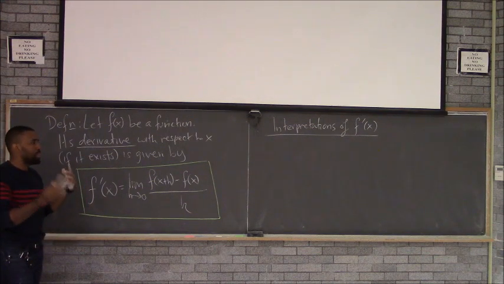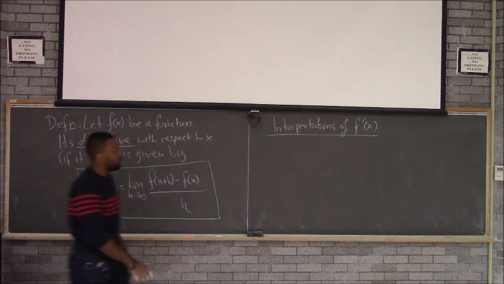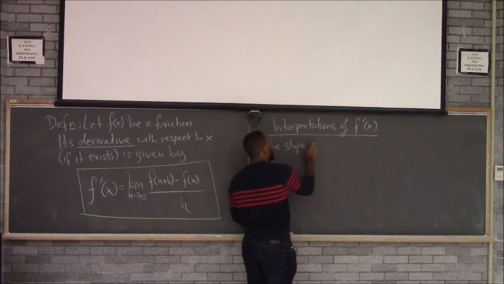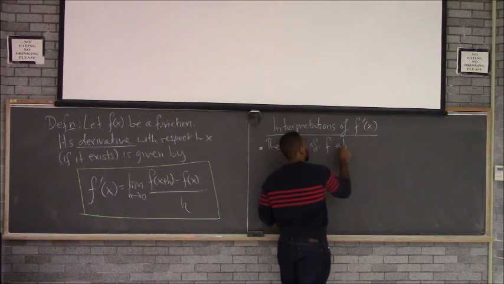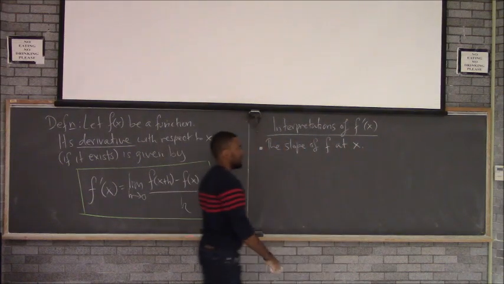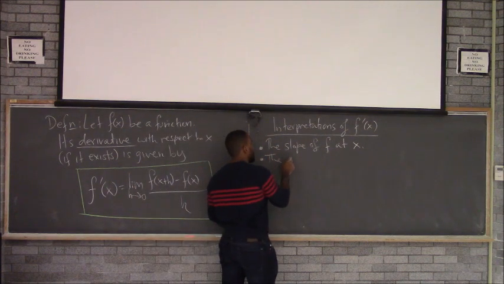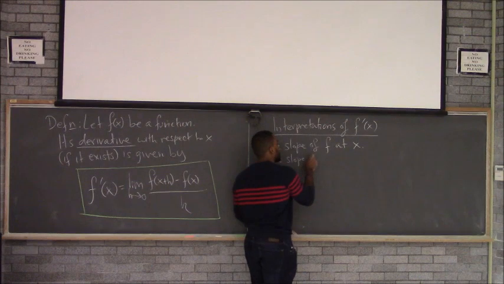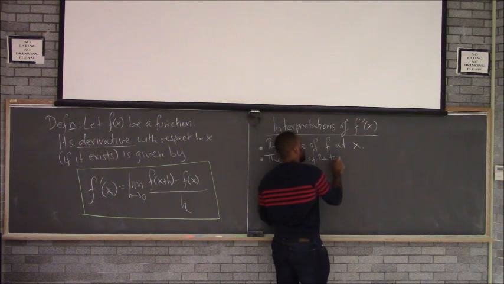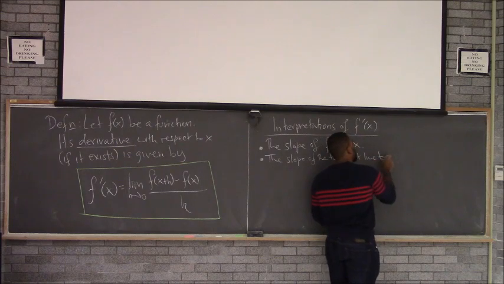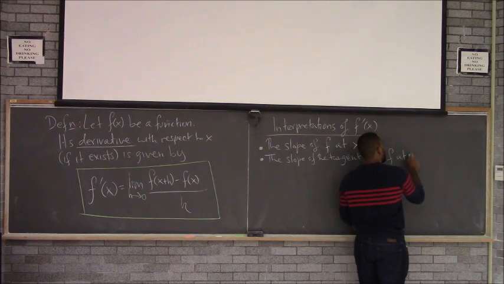How do you apply this to situations? Well, one way to interpret it is as the slope of f at the point x. Another way to interpret it is the slope of the tangent line to f at the point x.